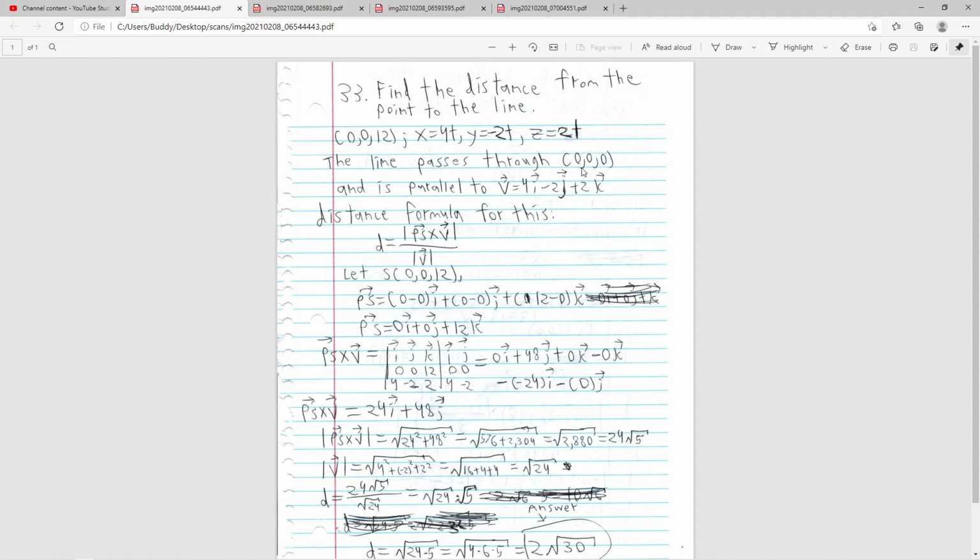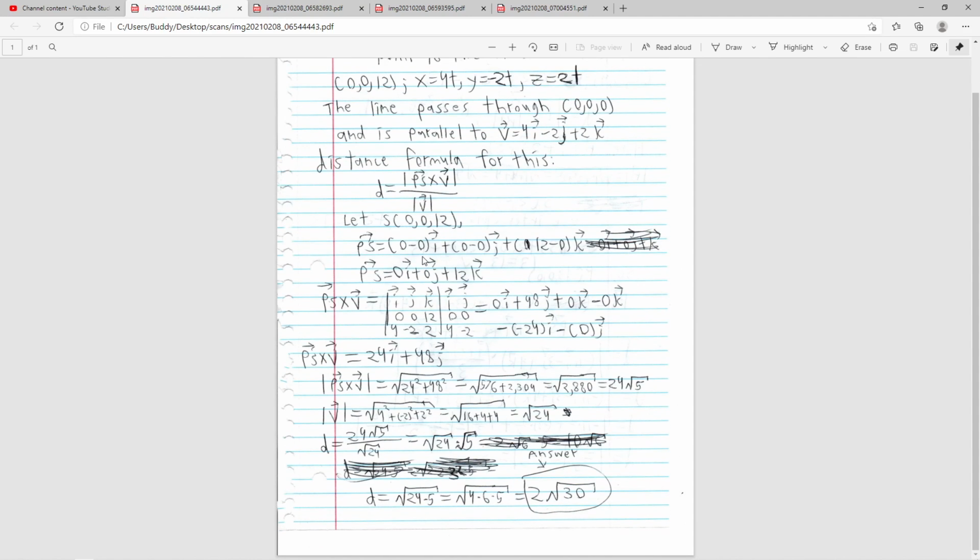So 0, 0, 0 is right, because that's what we're subtracting. Sorry if the work here is a little confusing. But how you know 0, 0, 0 is because of the parametric equations going to the line. It's just 4t, negative 2t, and 2t. There's no plus to it, no other term. So that means its origin is 0, 0, 0, and that's why it's easy math.